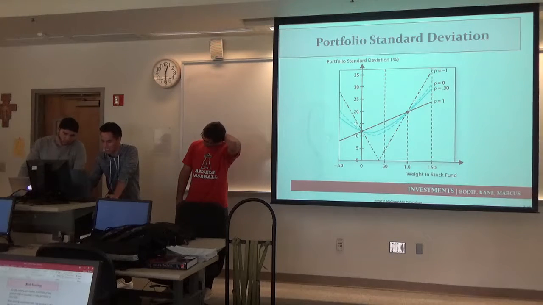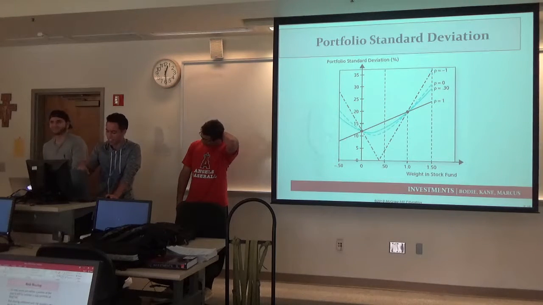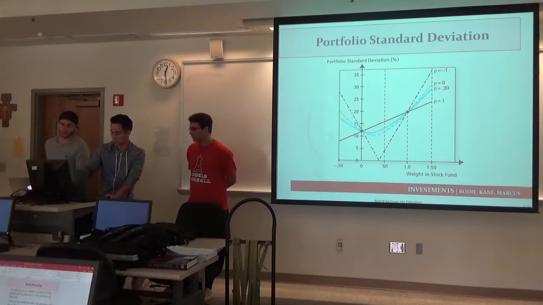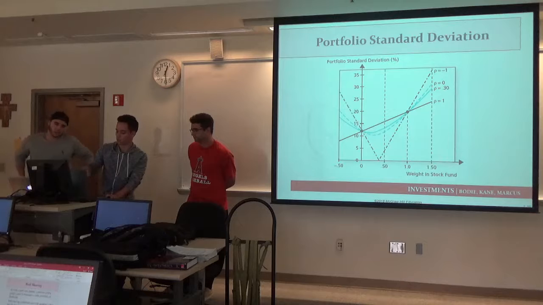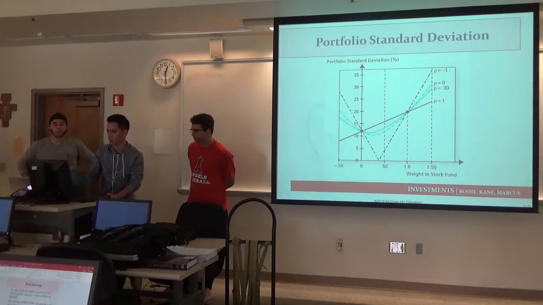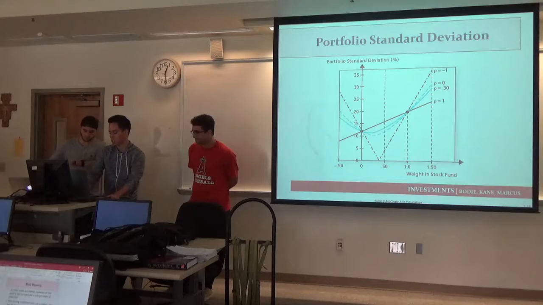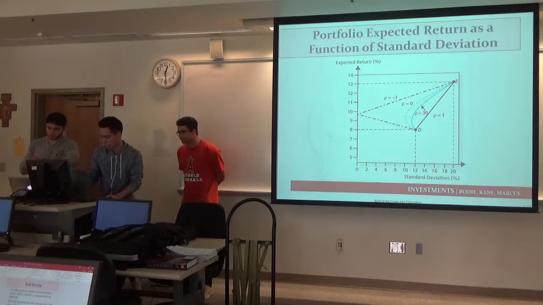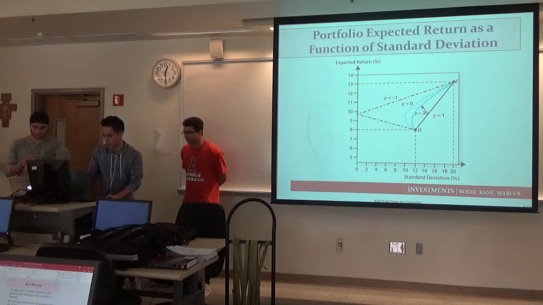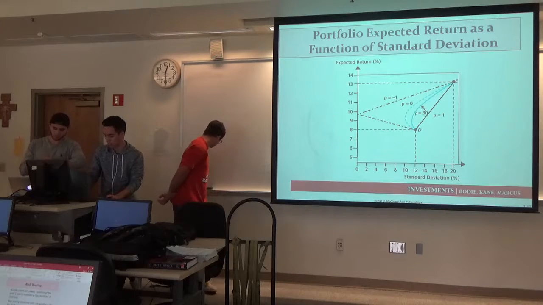Here's the graph for the standard deviations. It shows the different rhos and what those would look like as a function of standard deviation. The ones with the straight lines are 1 and -1, so it's a lot easier to predict. The other ones have a curve, so it's not quite as easy to read. Here's the expected return, same concept as the slide before.